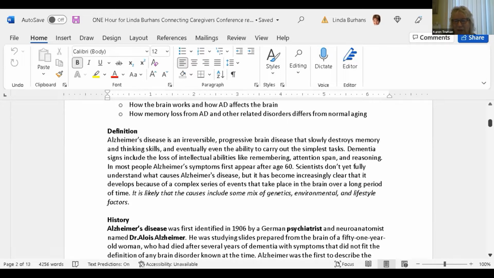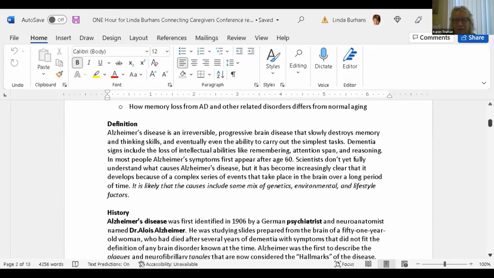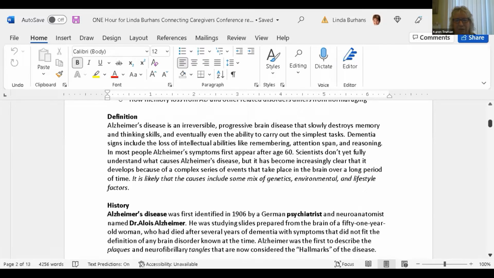So it's very hard for people to understand what's really going on in the brain. And then they can't carry out the simplest of tasks. They have intellectual losses. They can't remember. They ask you the same question 50 times and they still don't know.